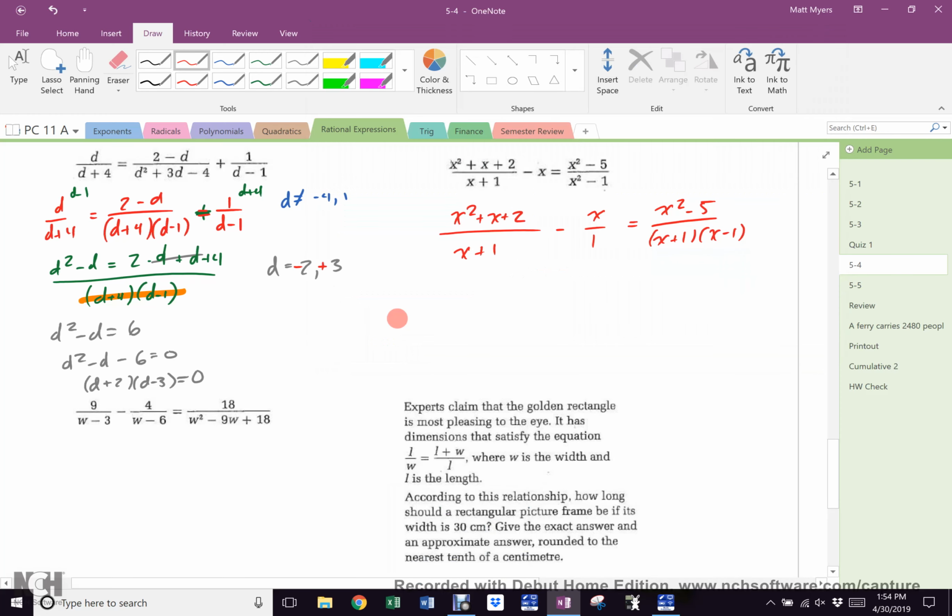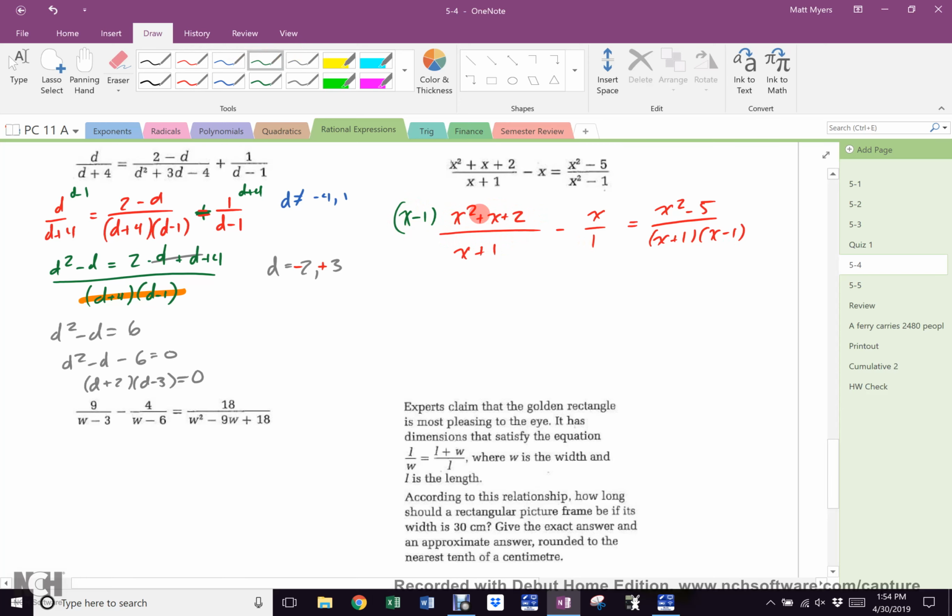In the fourth one, there is something that I said not to do, but it makes your life easier if you do. Here is what I mean. What does this need? Because I've done my common denominators. What does this one need? What is this missing? x minus 1.